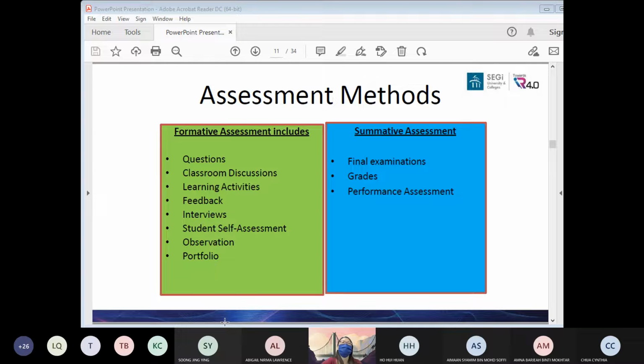Maybe when you go for your bachelor's, after your diploma, there may be times you only do assignments. Do you prefer that? What do you think? Do you want exams, the 40%, or you prefer 100% assignment? Which one do you want? 100% assignment.